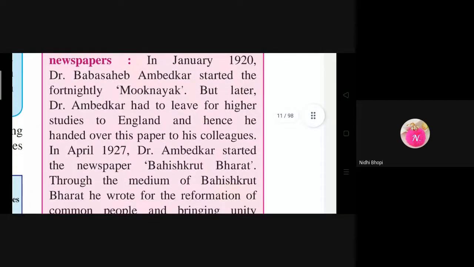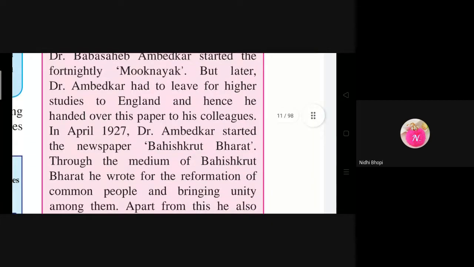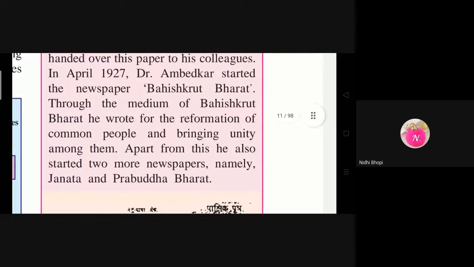Dr. Babasaheb Ambedkar and newspapers. In January 1920, Dr. Babasaheb Ambedkar started a fortnightly, Muknayak, but later Dr. Ambedkar had to leave for higher studies to England and hence he handed over this paper to his colleagues. In April 1927, Dr. Ambedkar started a newspaper, Bahishkrut Bharat.